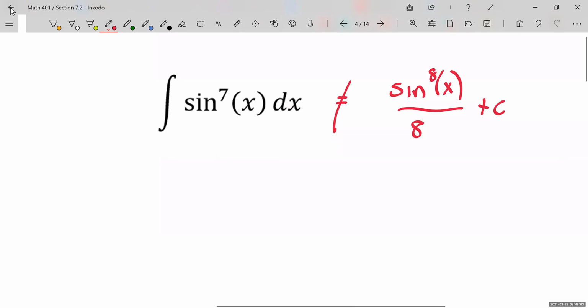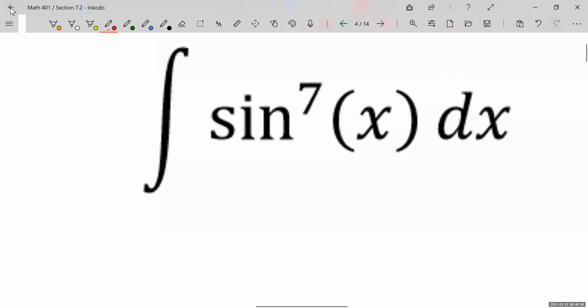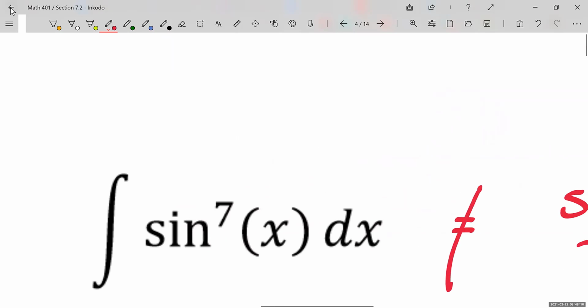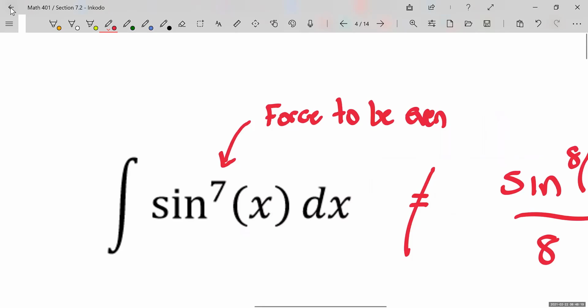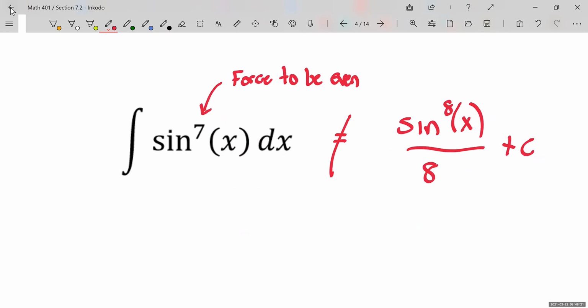So it's not that. So the easiest way to do this is to force that power to be even. And you may say, how are you going to force that to be even? With a u substitution.